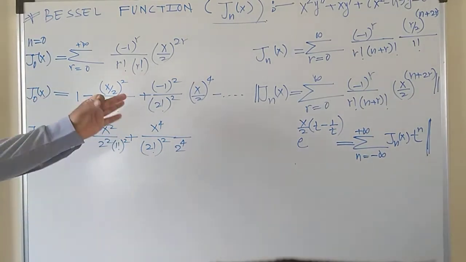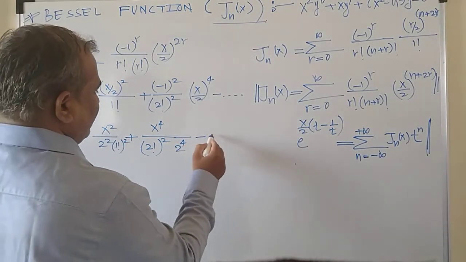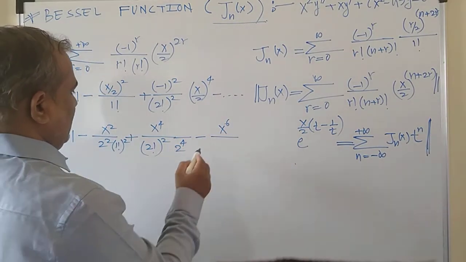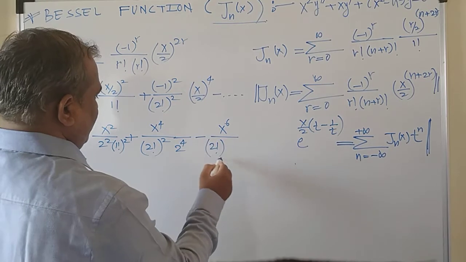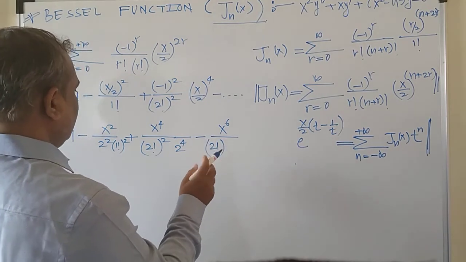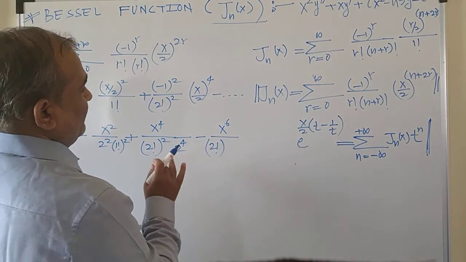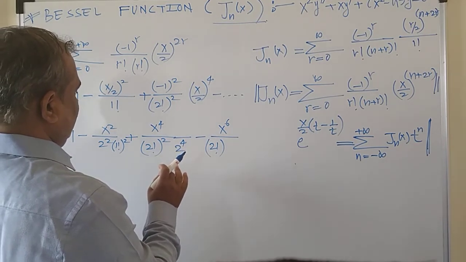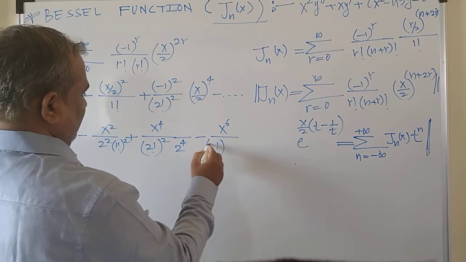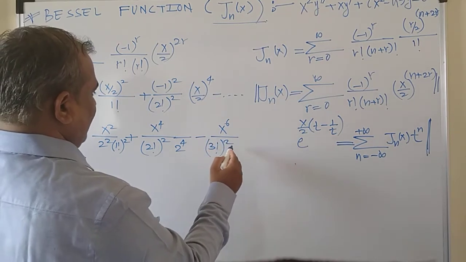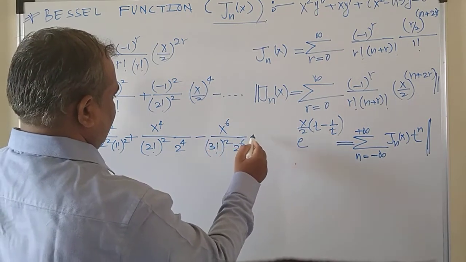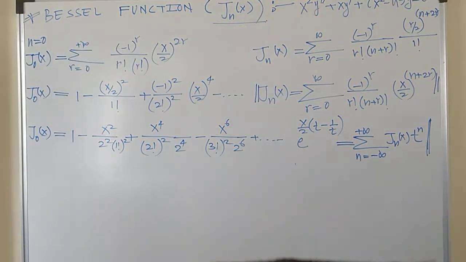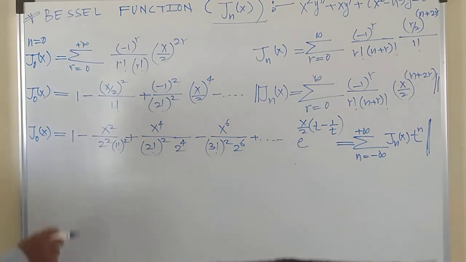Minus next will be x raised to power 6 divided by 3 factorial square and 2 raised to 6. Plus the next terms you will get in this way. So this is J naught of x.